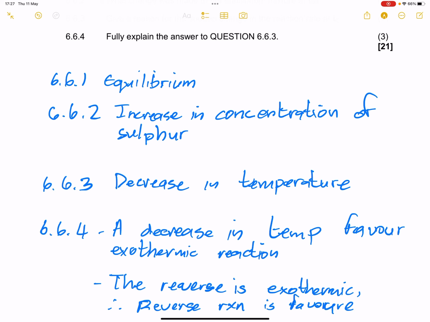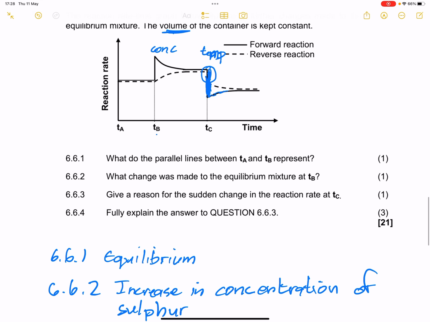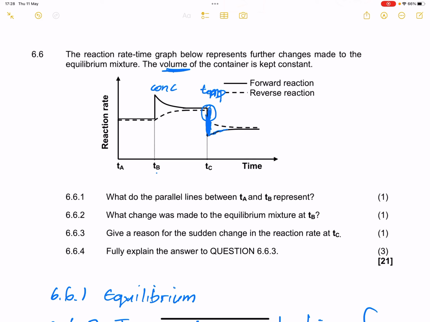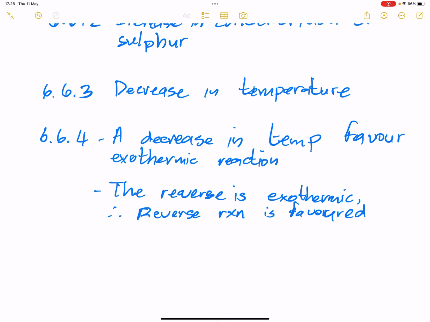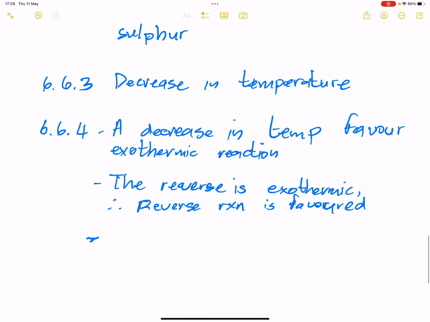And in this case, that is what caused the increase there in terms of the forward reaction. So that would increase the rate of the forward reaction.